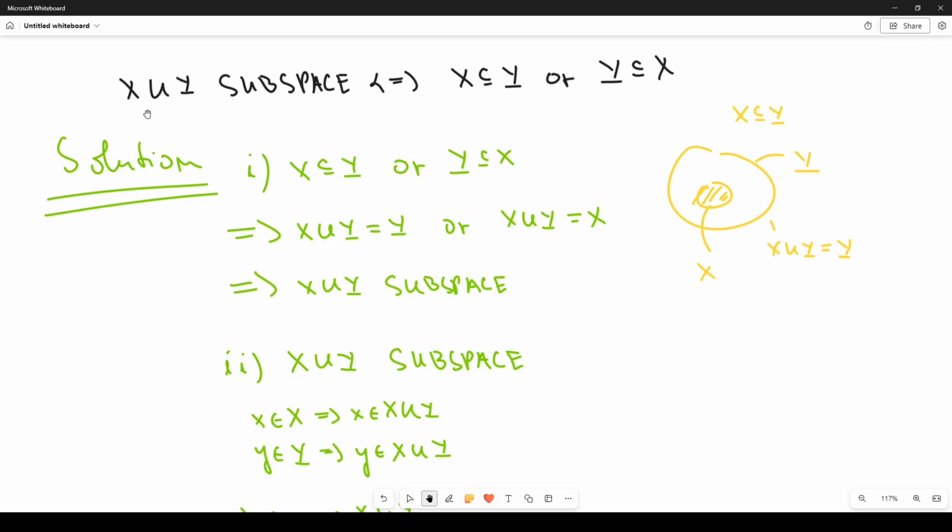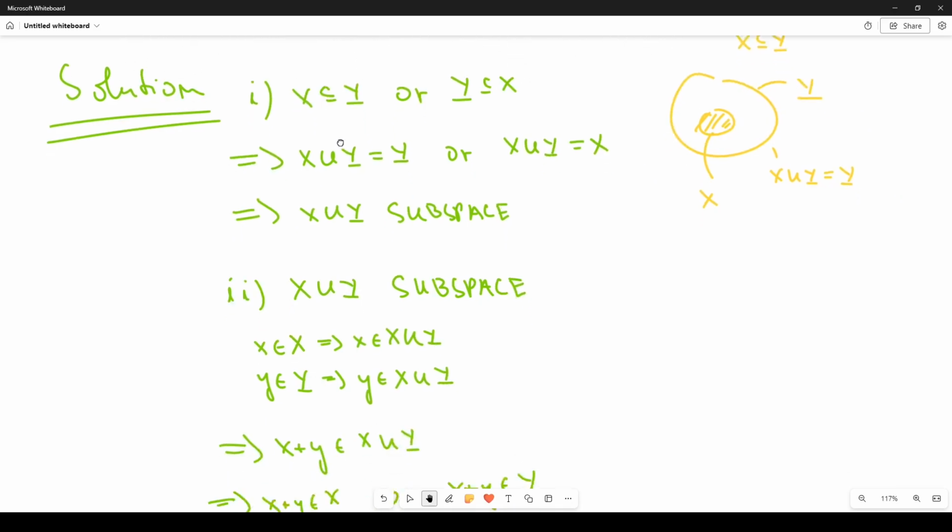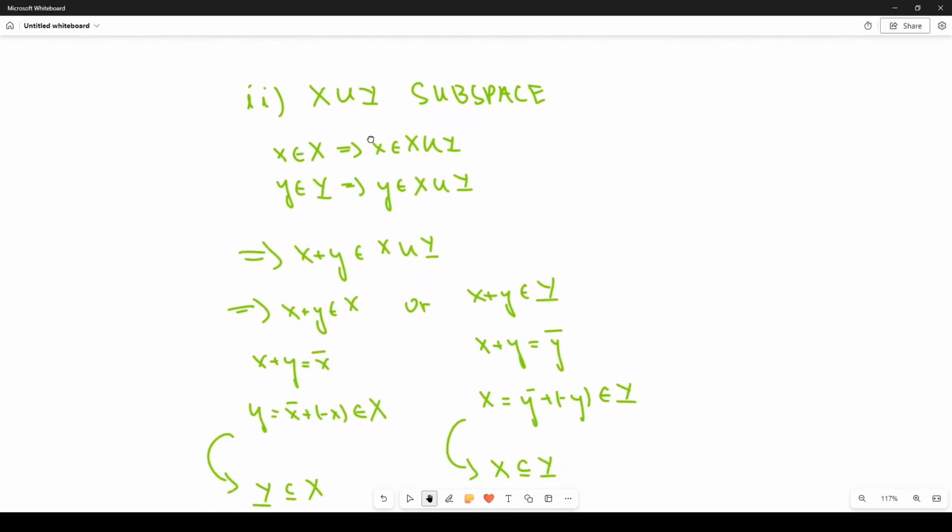Now let's prove the other implication, so from left to right. So we suppose that the union of these two subspaces is a subspace. And now I take some x belonging to X and some y belonging to Y. Since X is contained within the union, we have that this x also belongs to the union, and same goes for this y over here.